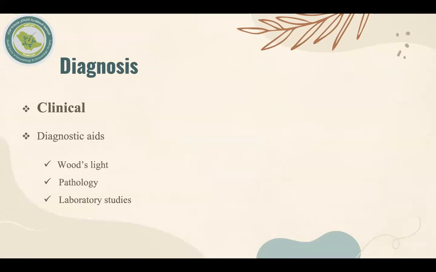You may ask questions that help you in the history, such as the age of onset, factors or events that may have preceded the onset, associated symptoms, progression or spread of the lesion, and changes observed in the lesion over time.